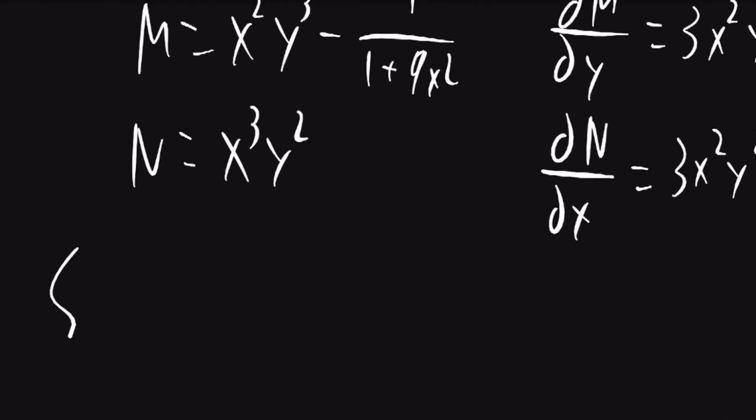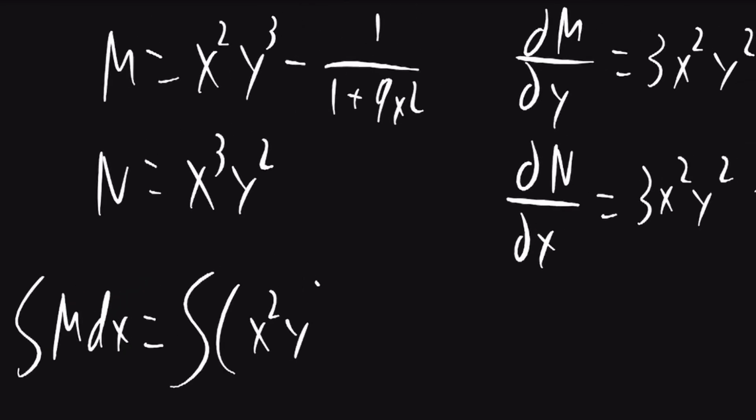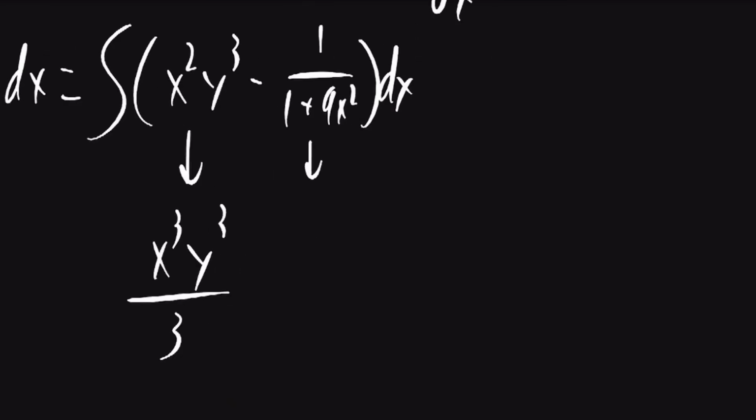We can now take the integral of m with respect to x. So we'll take the integral of x squared y cubed minus 1 over 1 plus 9x squared, all with respect to x. This first term will be x cubed y cubed over 3. For the second term, I'll factor a 9 out of the bottom. So we'll have 1/9 times 1 over 1/9 plus x squared.